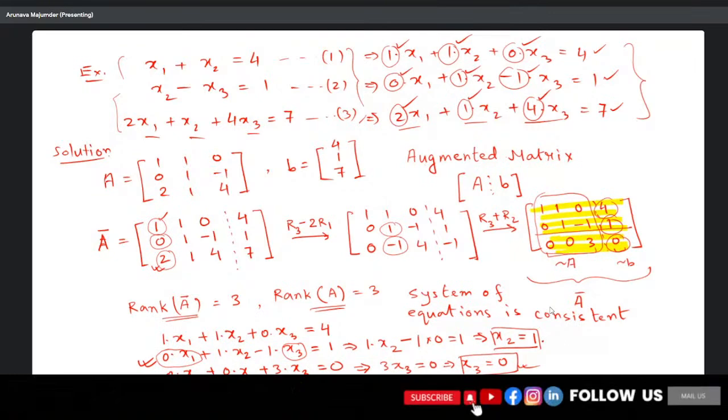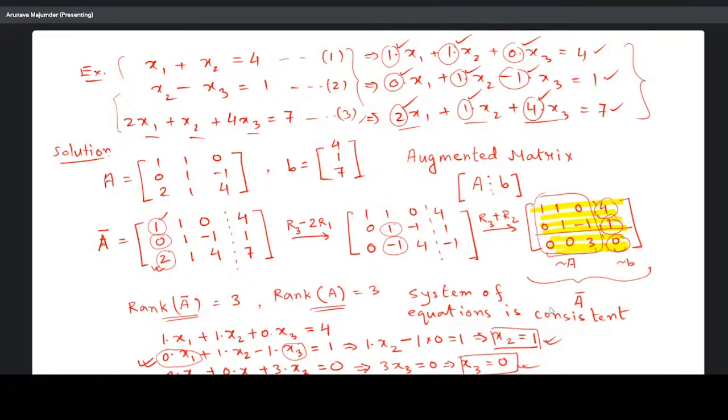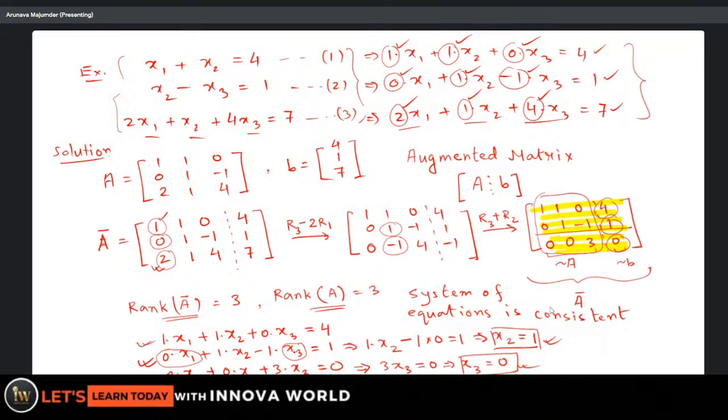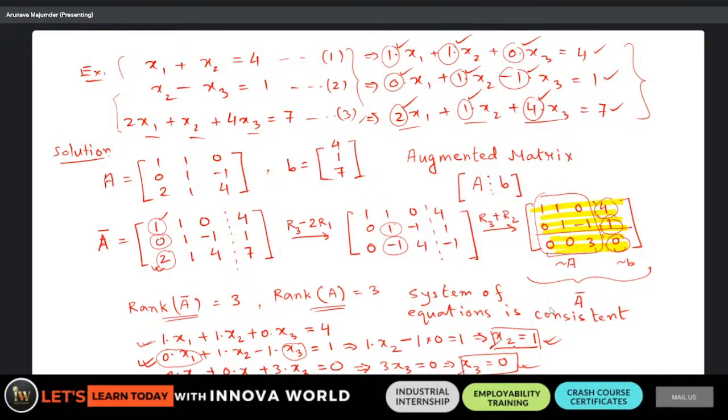We already have the x3 value and the x2 value. Now come to the first equation and put them in.